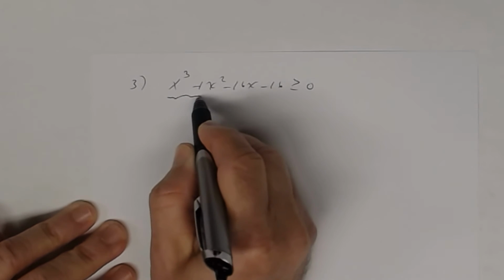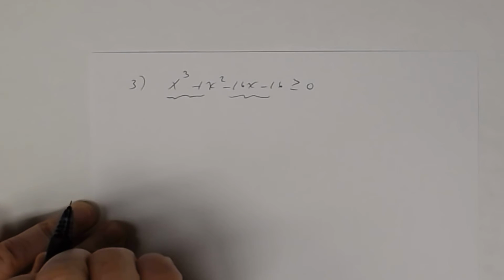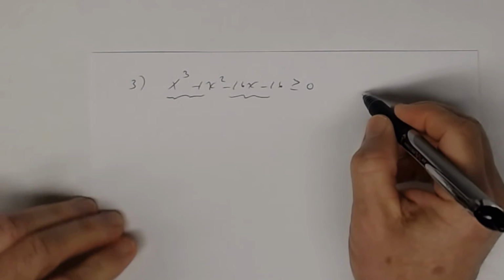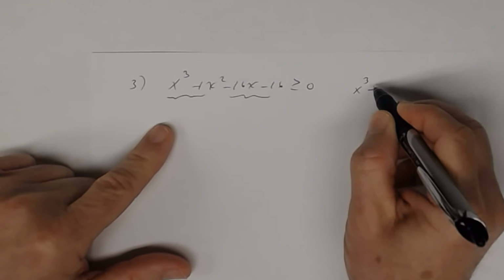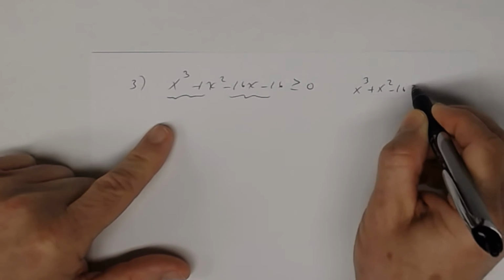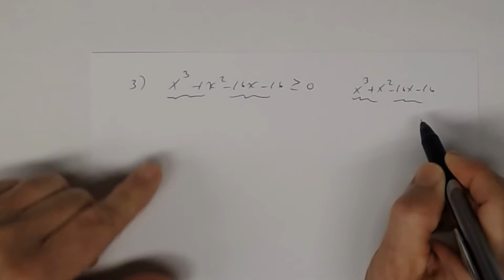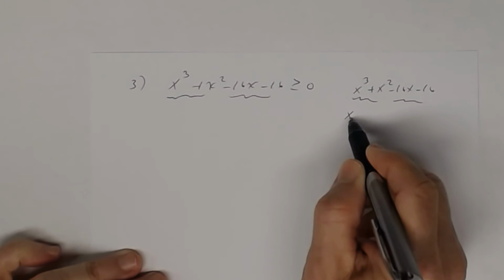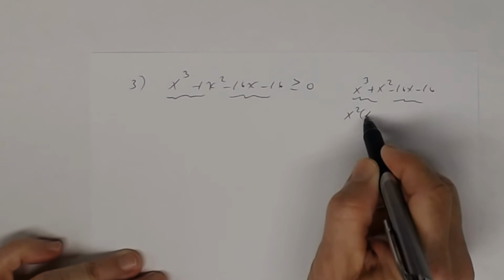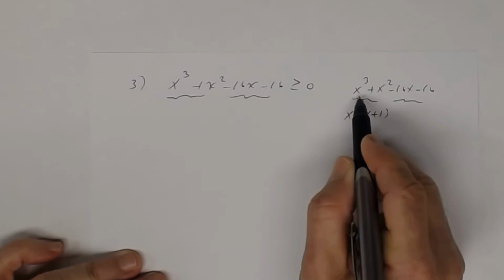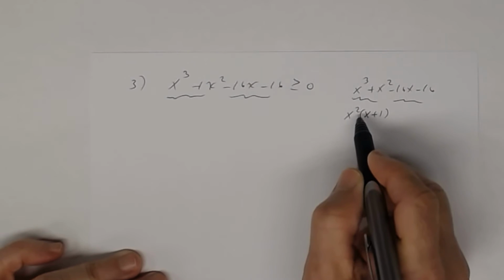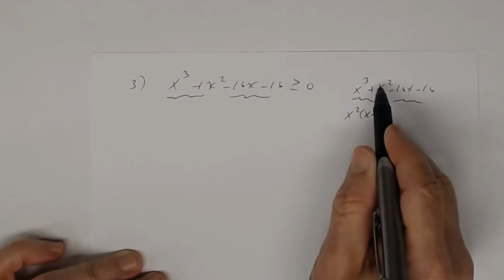So let's go ahead and group the first 2 and the last 2. I'm going to put it on this side. So x cubed plus x squared minus 16x minus 16. In the first group, I could factor out an x squared, and you get x squared times x plus 1. Okay, x squared times x is x cubed, x squared times 1 is x squared.